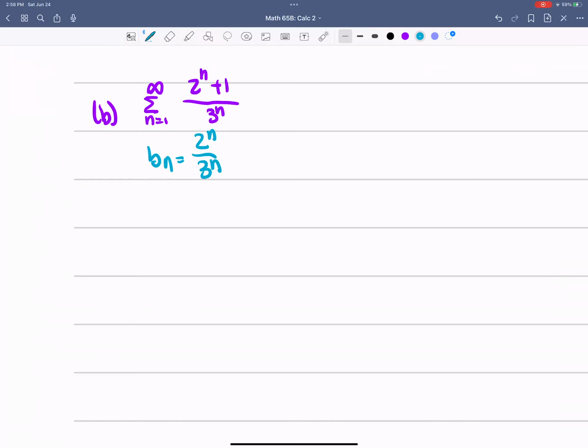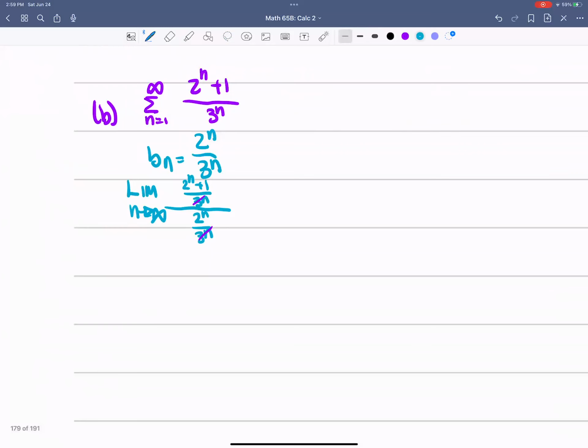So now we're going to take the limit of a sub n over b sub n. So the limit as n approaches infinity of a sub n, 2 to the n plus 1 over 3 to the n, over b sub n, 2 to the n over 3 to the n. Multiplying both top and bottom by 3 to the power n gets rid of those.